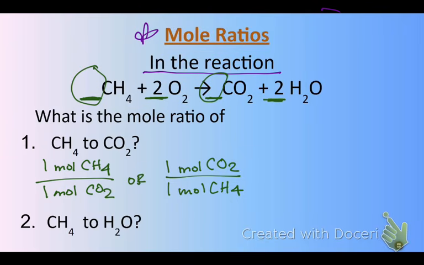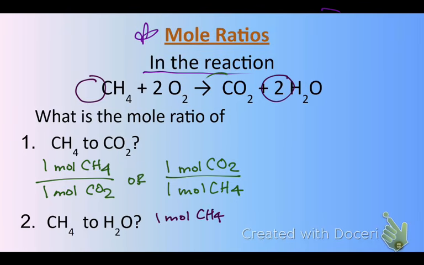Let's look at another mole ratio in here. How about the mole ratio of methane to water? I can look at the coefficient for methane and the coefficient for water. So for every 1 mole of methane, I'm going to make 2 moles of water.